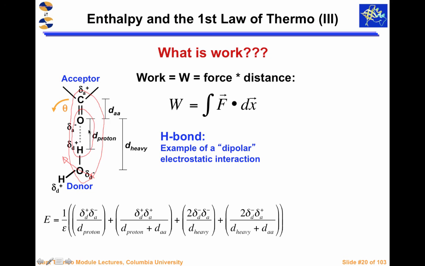But what will happen in solution, or in some cases in macromolecules, is the alignment. This is sort of a perfectly aligned hydrogen bond. In this case, this distance is much shorter than the others, and these terms can effectively almost be ignored. But now, as we get hydrogen bonds that have less perfect alignment, which would happen, let's say, if we keep the oxygen here, but we start rotating the carbon atom in this direction.